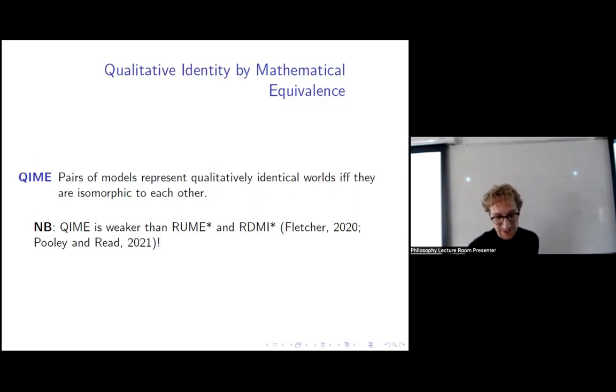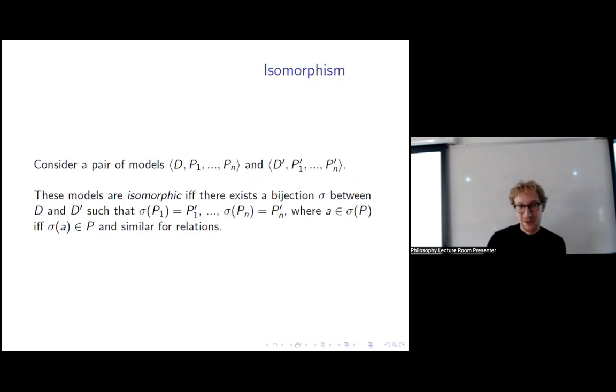Good, so let me explain a bit more about what I mean by isomorphism and by qualitatively identical, because they're obviously the tricky, relevant terms here. So isomorphism, I'm just going to do the easy thing and talk about these set theoretic models. So we're not talking about difficult things like manifolds and so on. We've just got a domain and some properties and relations and maybe functions defined over that domain. But there are ways of extending this to talk about more physically realistic models.